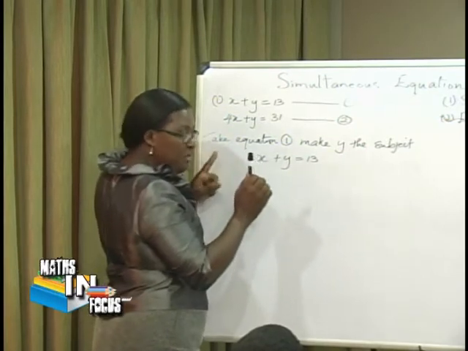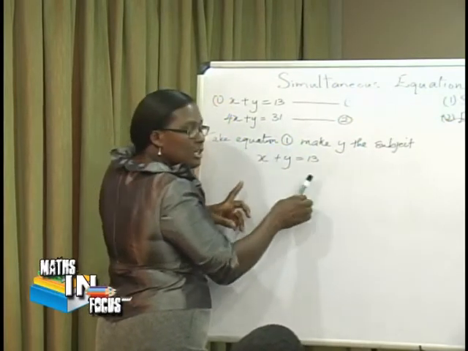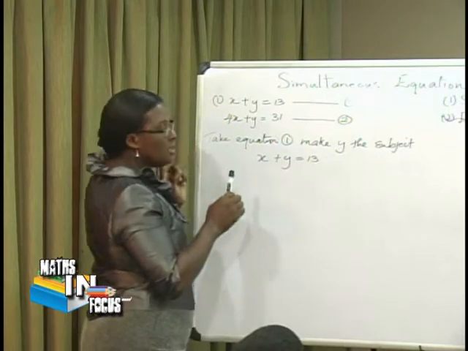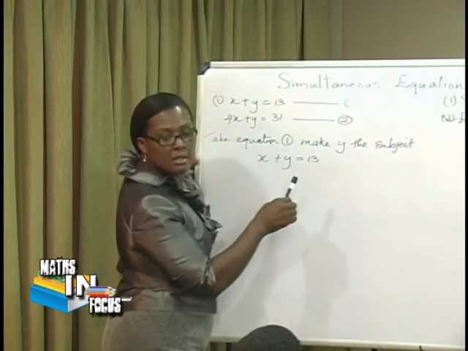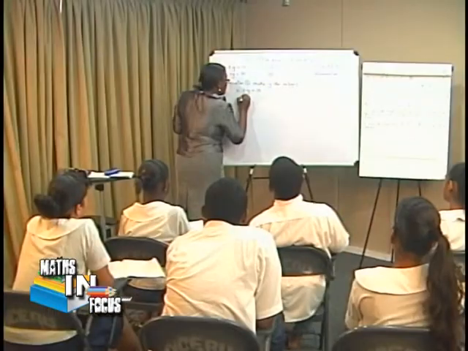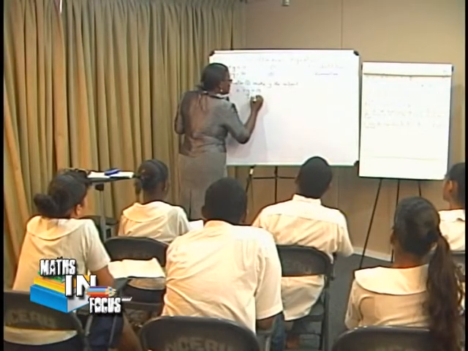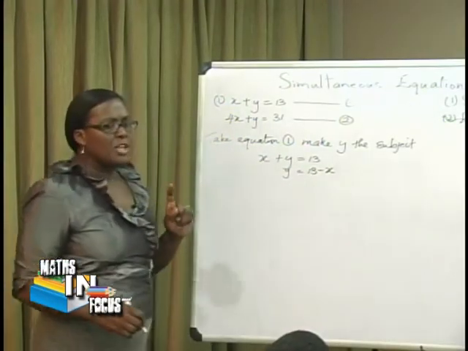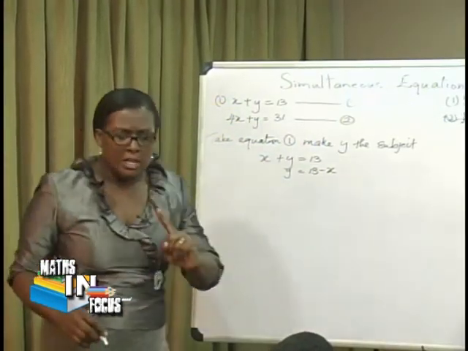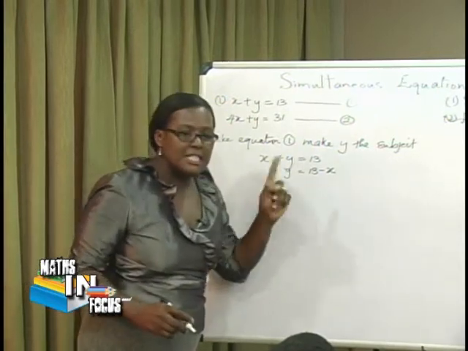Getting rid of it means moving it from the left hand to the right hand to join the 13. It's connected here by addition, so we go across and subtract. Therefore, y is equal to 13 take x. Now we know something about y. We know that y is equal to 13 take x.